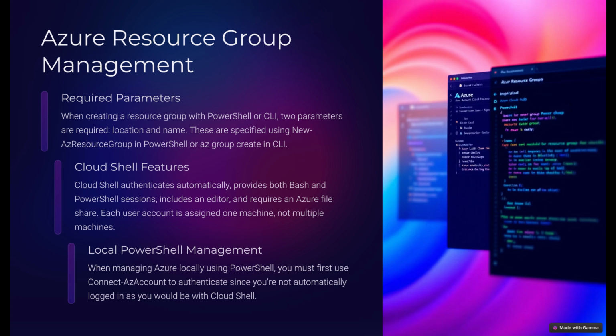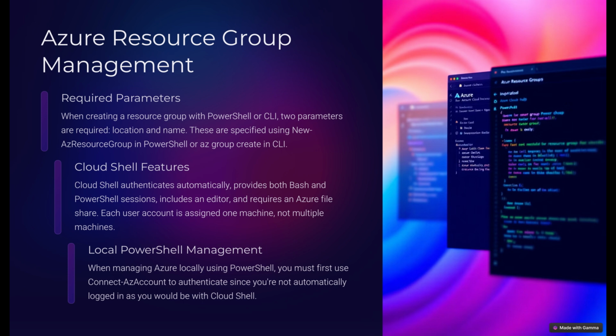You've got access to both Bash and PowerShell, so you can use whatever you're comfortable with. It's got a built-in editor, so you can create and modify files right there in the browser. And they do mention that Cloud Shell needs an Azure file share so you can save your data. And every user gets their own dedicated machine in the Cloud Shell environment. So your stuff's not getting mixed up with anyone else's. It's a really nice, clean environment.